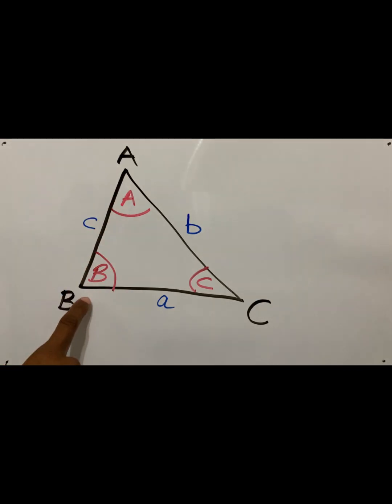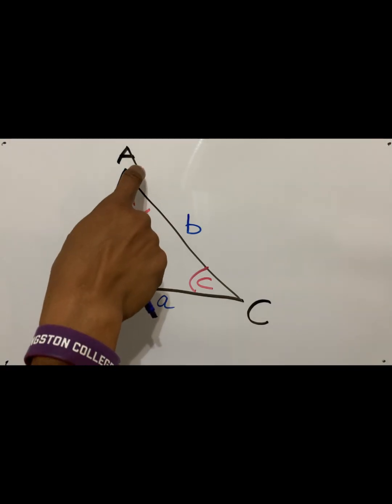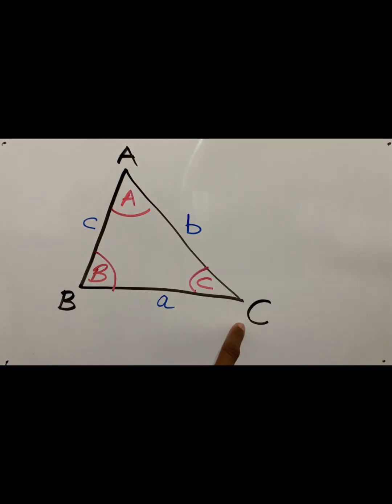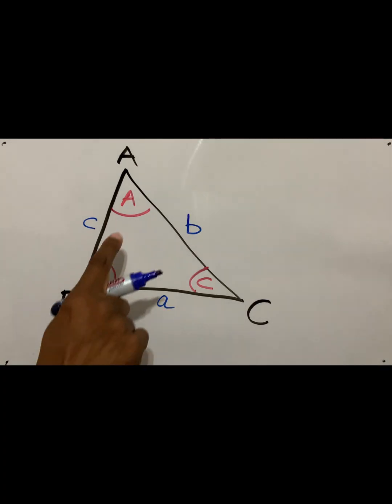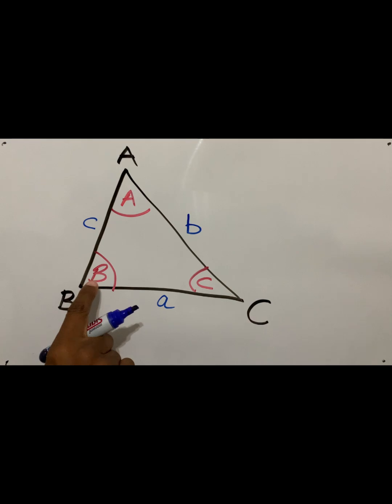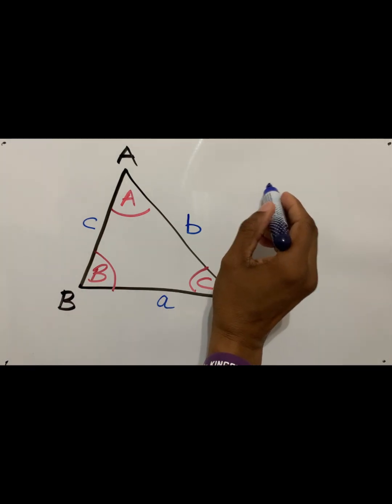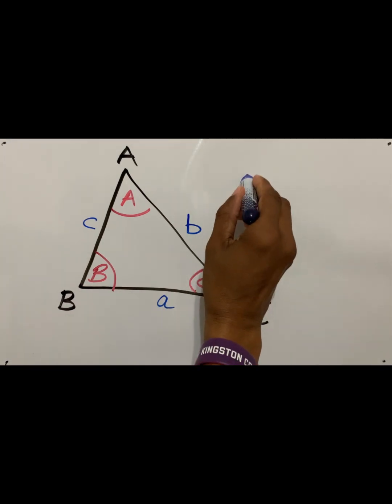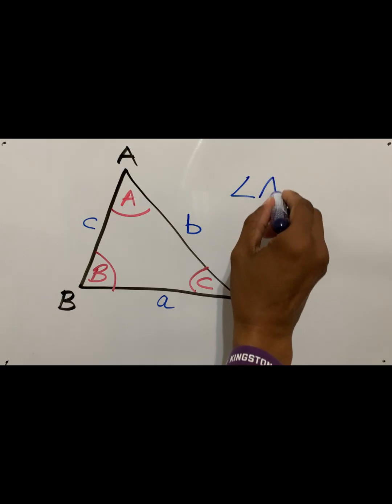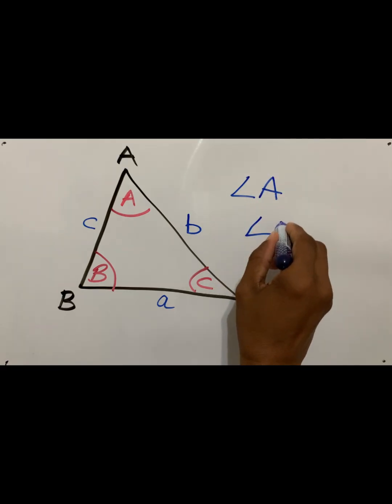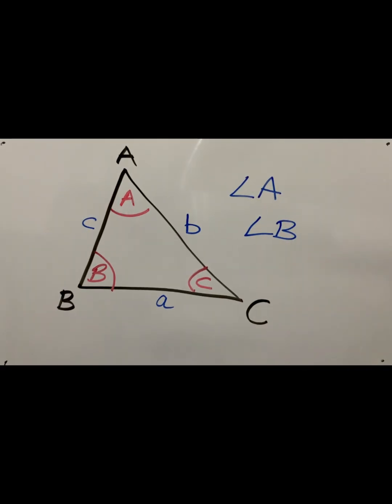So right where we have the corners, we call it A, we call it B, we call it C. Now the angles are typically given the same name. So we have angle A, angle B, and angle C. And of course, angle A is just this. Likewise, angle B is just given that notation.